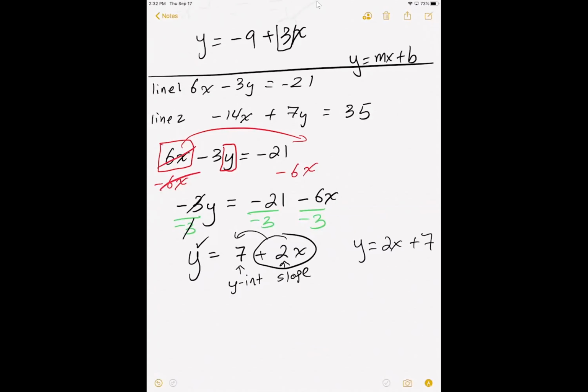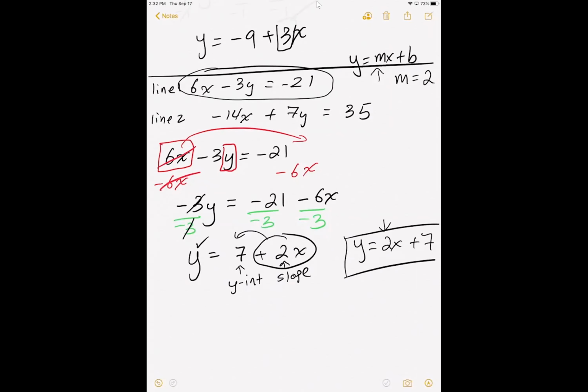Then you can see that this is my m, the slope of the first line, equal to 2. Regardless of how you see it, the number in front of x is 2. So any question on how I get 6x minus 3y equal to 21 to become y equal to 2x plus 7?